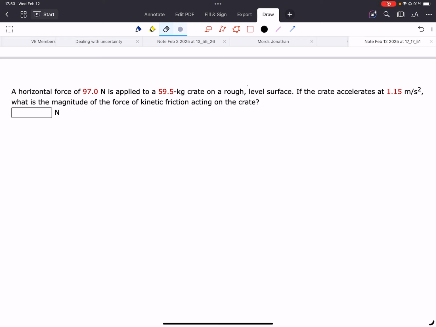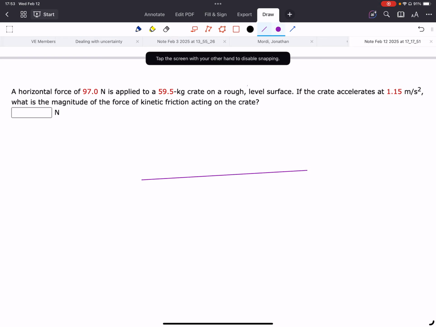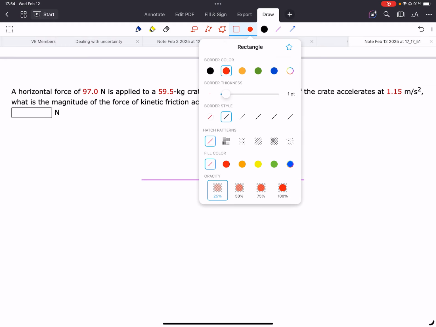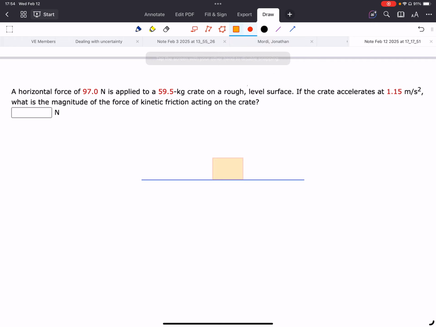So we're being asked to find the force of kinetic friction acting on a crate. This problem is actually quite simple. We've got a crate. Here it is. It is going to be pushed across a surface.